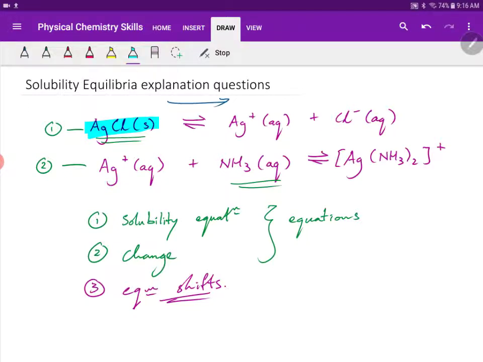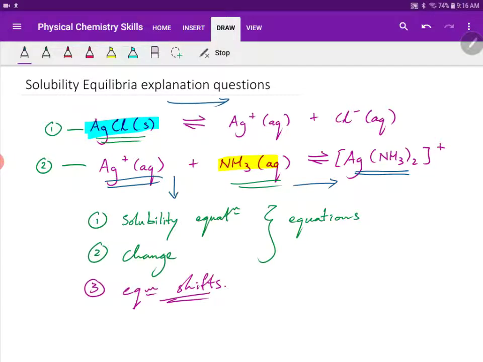And so we will point our attention to the change itself. In this case, the change is the addition of NH3, and the addition of NH3 causes the position of equilibrium of equation number 2 to shift to the right to form more Ag(NH3)2+. What this means is that the concentration of Ag+ decreases.